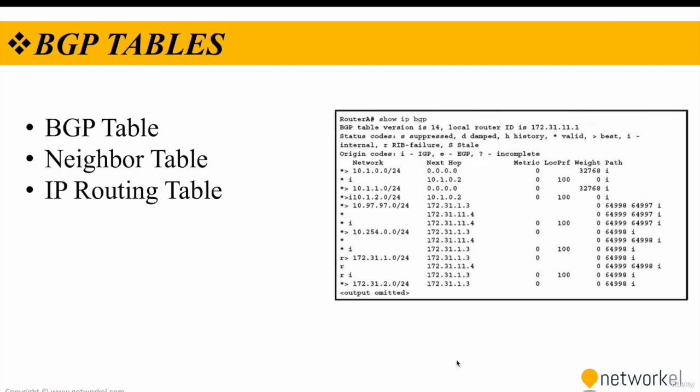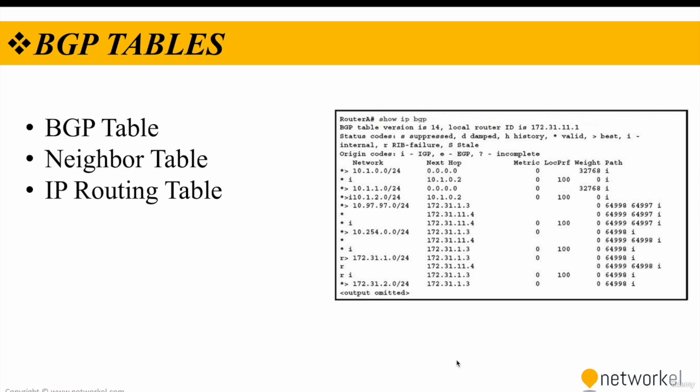So BGP has three different tables mainly. BGP table, it contains all routes learned from BGP peers, including path attributes and AS paths, and it helps BGP to determine the best routes, but is not used directly for packet forwarding. We have the neighbor table, which stores information about BGP peers, including their IP address, AS numbers, and the session state.